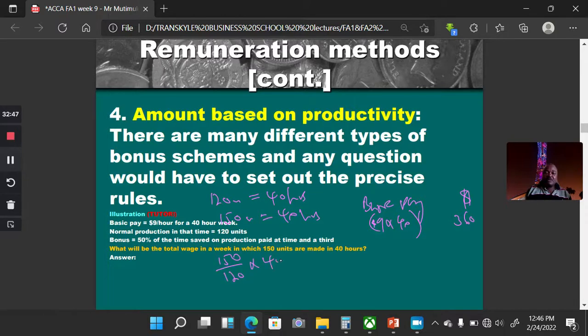They were supposed to have been produced in 150 over 120 multiplied by 40 hours, which gives us 50 hours. This was supposed to be according to the budget, because our initial budget, 120 units are produced in 40 hours, because that's the normal week. But instead, we produced 150 units in 40 hours.